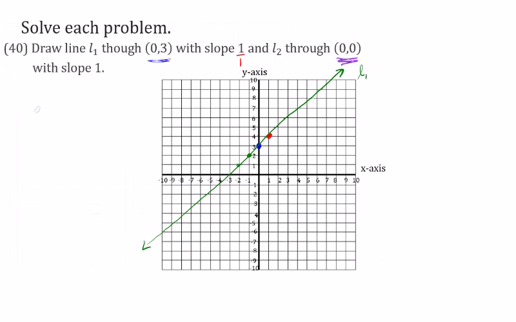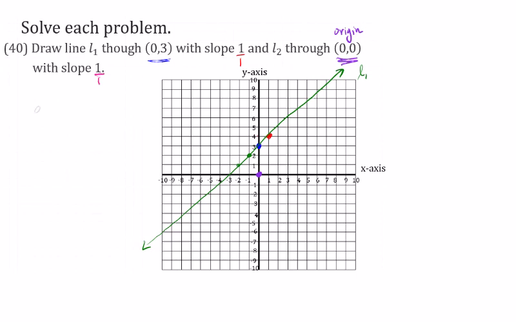And then the other one is (0, 0). So that purple there, (0, 0) is right here, right on the origin. It's called the origin. And then we have a slope of 1. So remember 1 is 1 over 1.